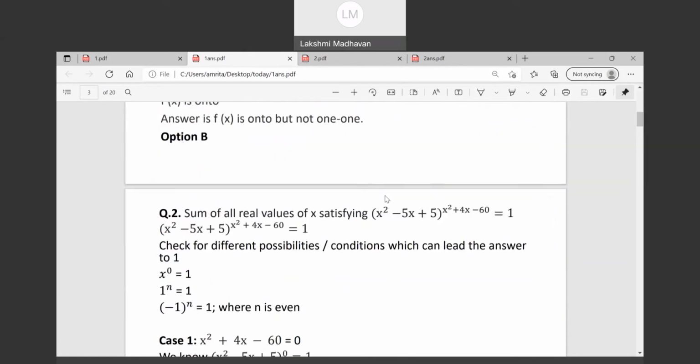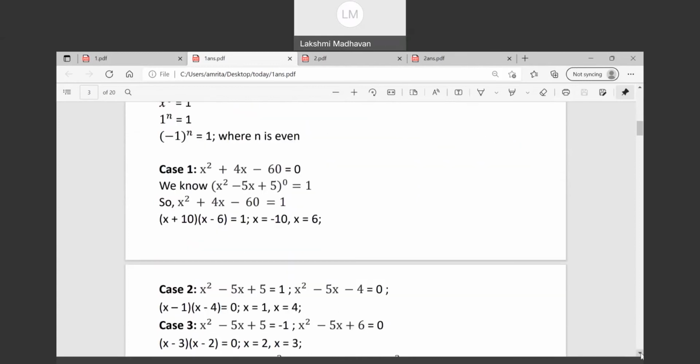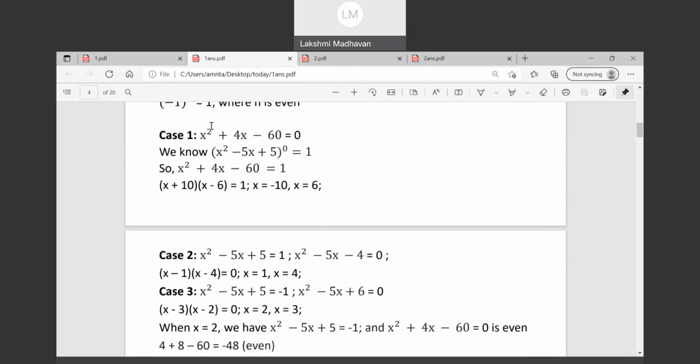Just have a look at the question once again. It's x square minus 5x plus 5 whole raised to x square plus 4x minus 60 is equal to 1. So what will be the options? x square plus 4x minus 60 equal to 0. Then we can write this equation as x square minus 5x plus 5 raised to 0 equal to 1.